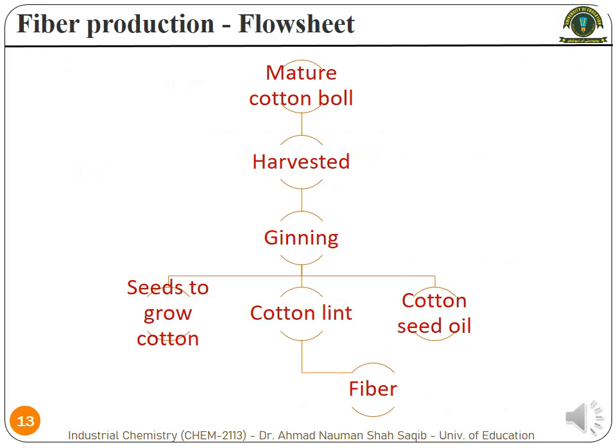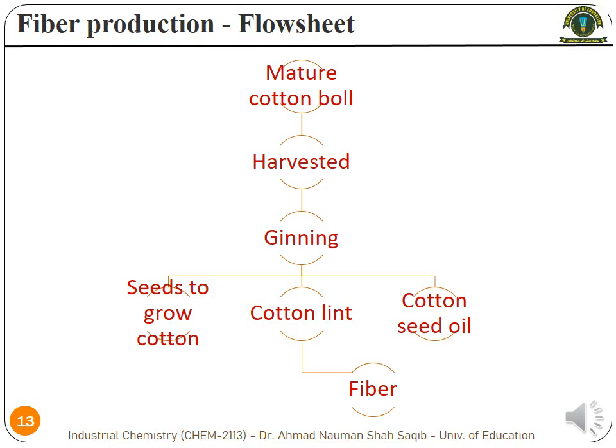As described in the previous slide, this slide shows the flow sheet diagram of the fiber making process. So the first step is definitely the harvesting of the cotton from the plants, and then when we get the cotton from the plants, it is refined through the ginning process, and we separate the cotton into three parts.